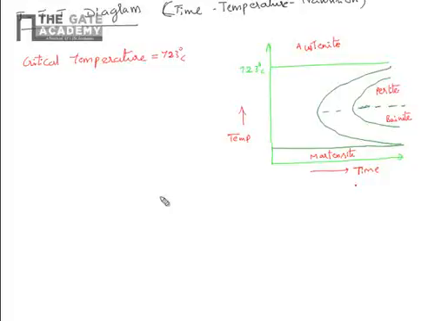So in annealing, we are heating the metal below the critical temperature and cooling it very slowly.